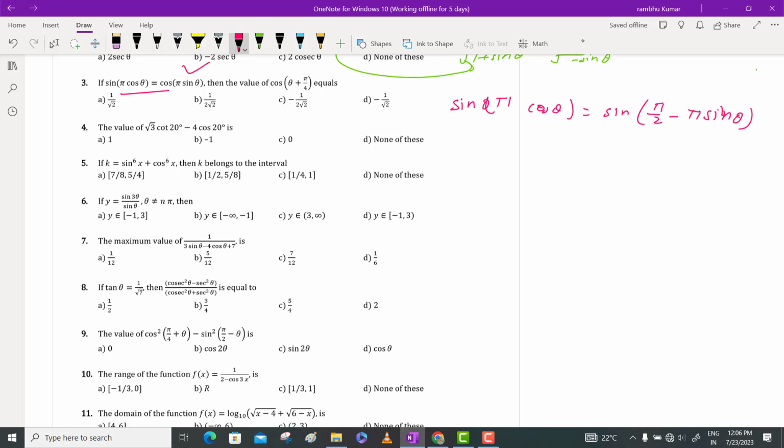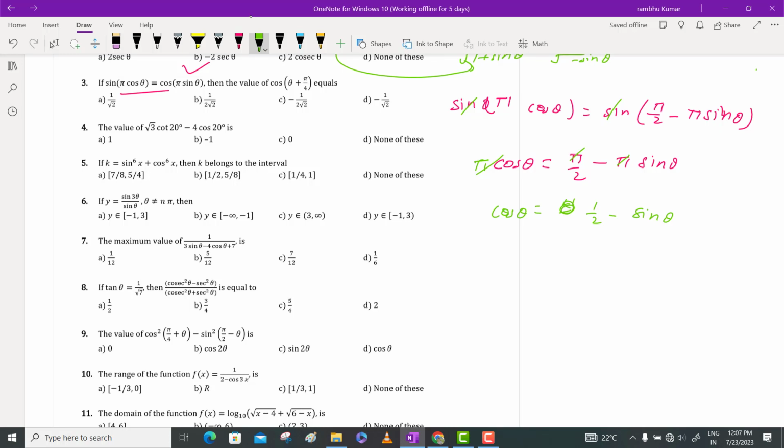Okay, so here this sin we can cancel out, so we will have pi cos theta equal to pi by 2 minus pi sin theta. Now here we can cancel pi and pi, so we will have cos theta equal to 1 by 2 minus sin theta.